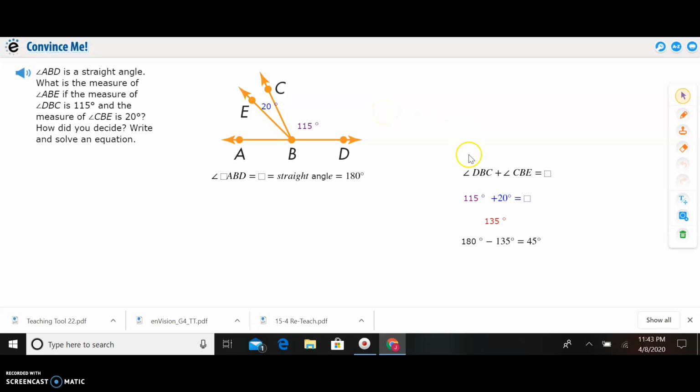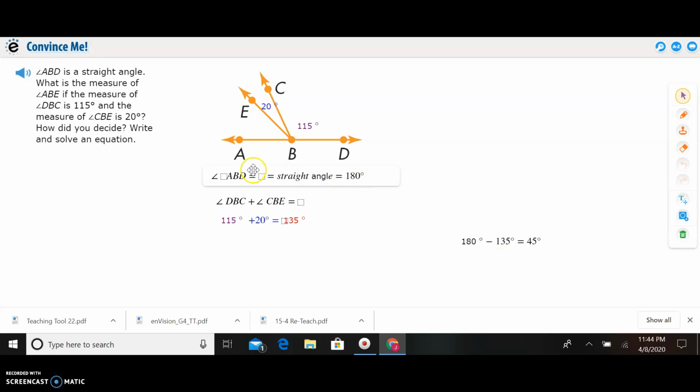So I could make an equation that says angle DBC plus angle CBE equals some number. Well, I know the measures of those angles already. I know that DBC is 115 degrees, angle CBE is 20 degrees, and so the total for those is 135 degrees.